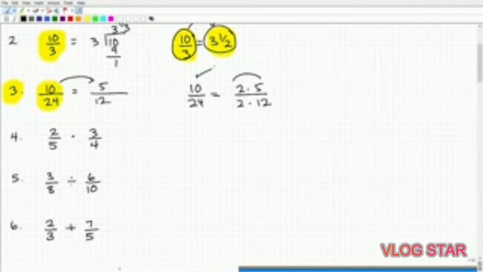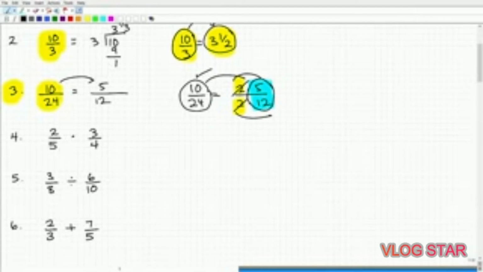These are the factors of this number here. But anytime you have the same factor in both the numerator and denominator, we can do something called cross cancel. Essentially, we just get rid of them, and whatever's left is the simplified fraction. So 10/24 is equivalent to the fraction 5/12.